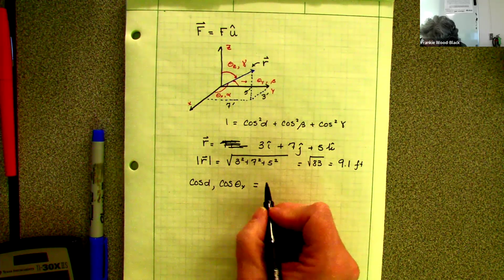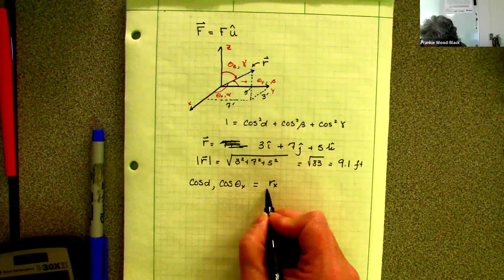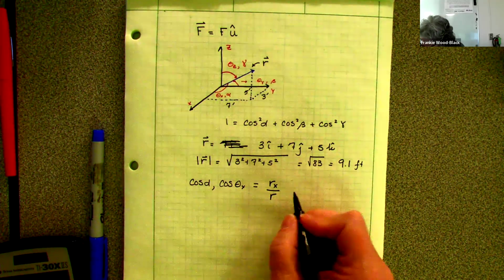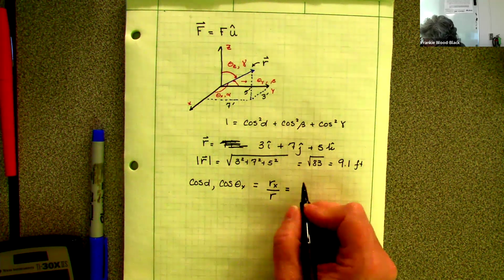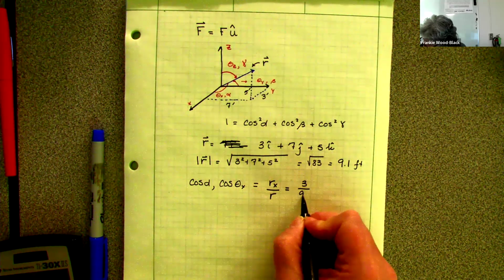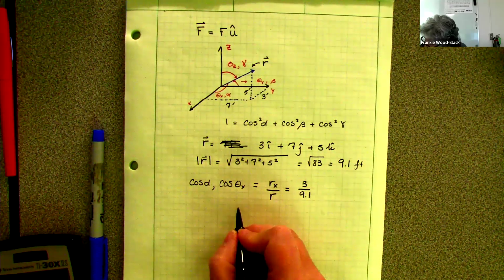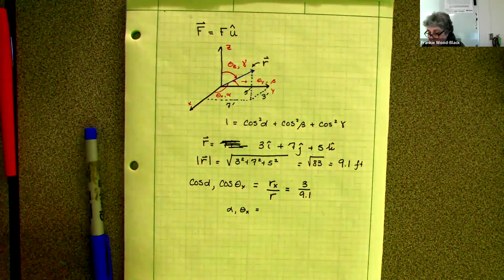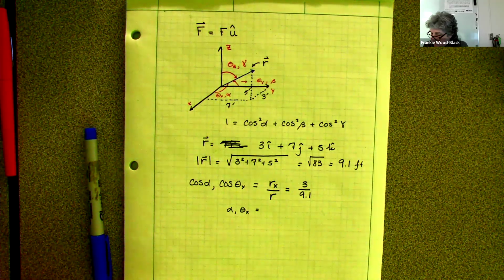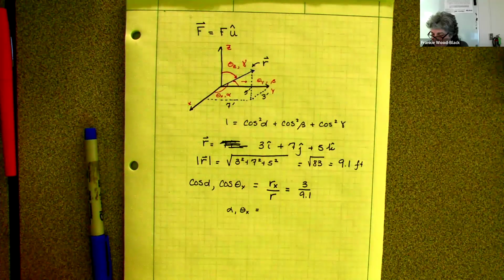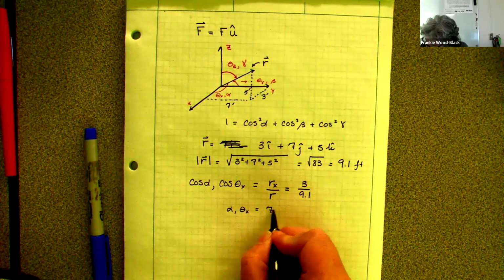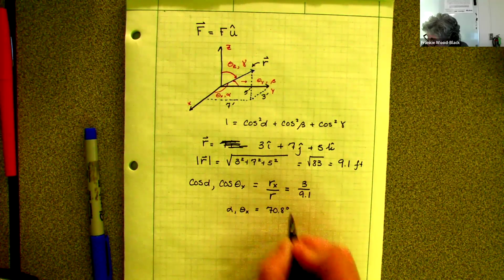This is just Rx divided by my magnitude. So if I want to find that value, this is 3 divided by 9.1. So for my alpha or theta x, take 3 divided by 9.1 and do the inverse cosine. That one would be 70.8 degrees.